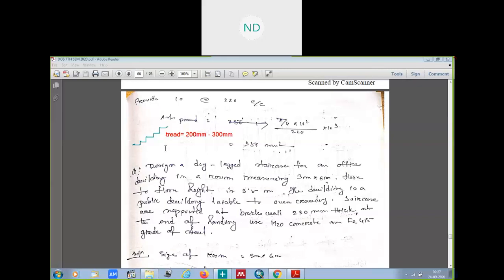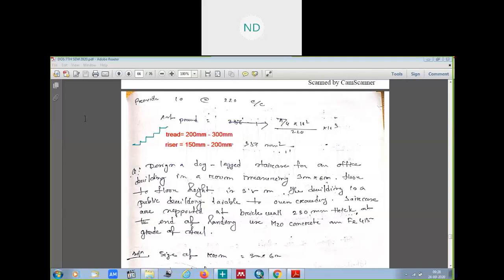Then we have risers. Your risers will range from 150 mm to 200 mm. So these are the ranges which we consider for tread and risers. We can take any value for riser: minimum 150 and maximum 200.